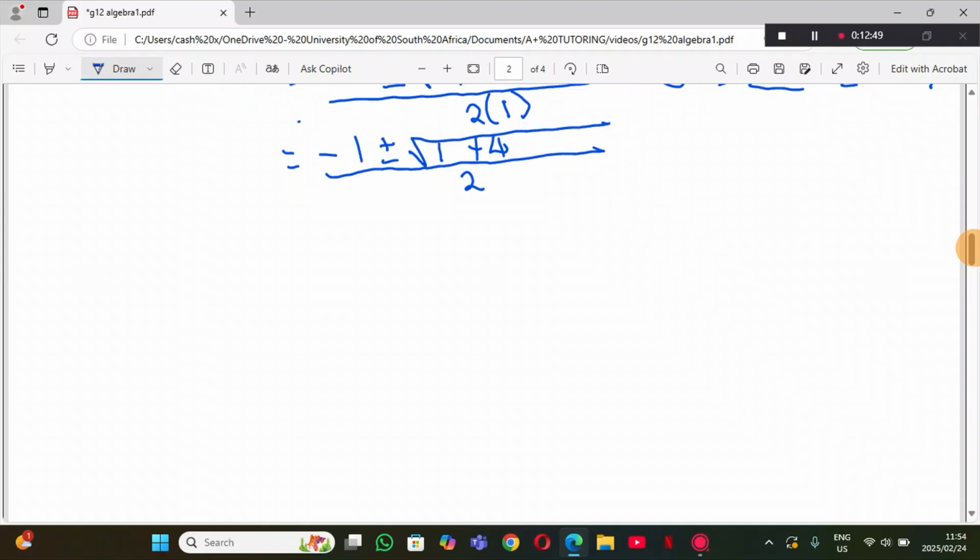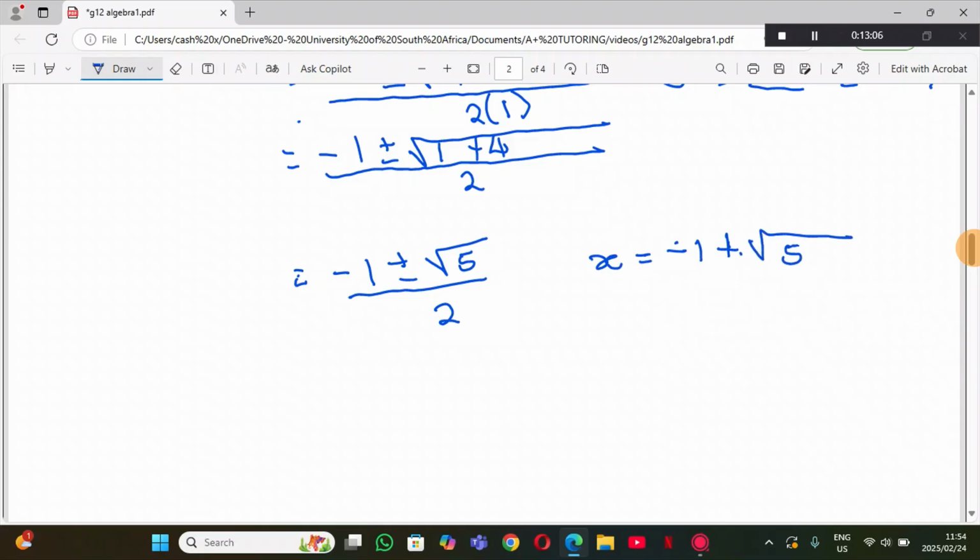Now when we get to this point, we now have equals to minus 1 plus minus root of 5 over 2. Alright, so now our first x would be equal to minus 1 plus root of 5 over 2. Now we put this in our calculator and get what it is.